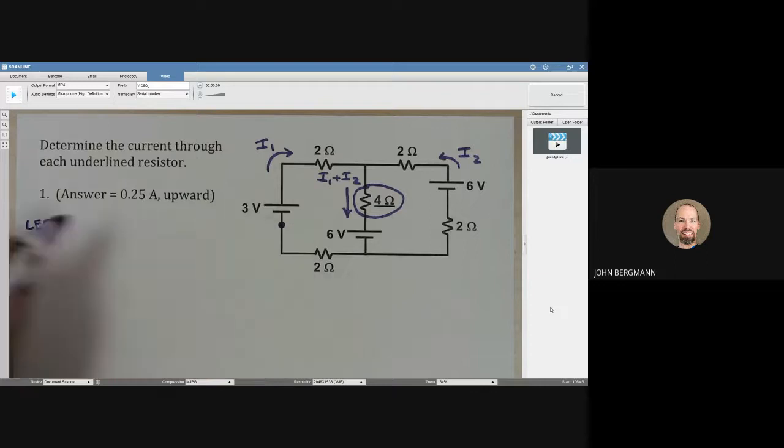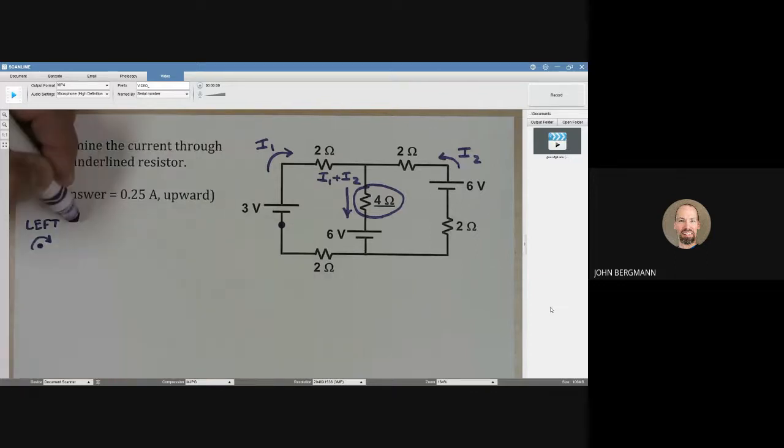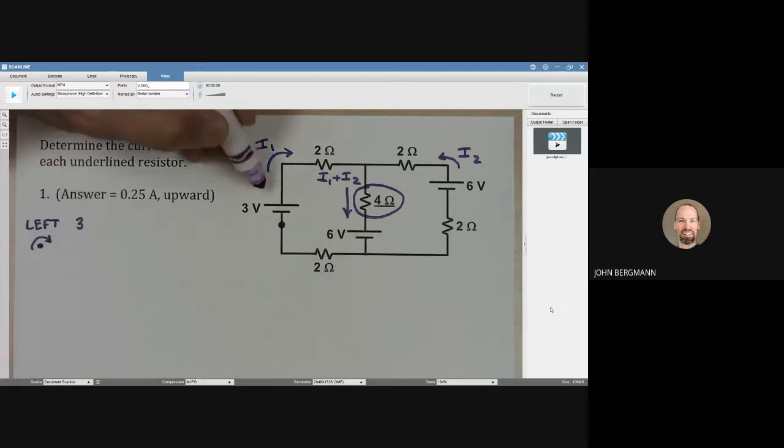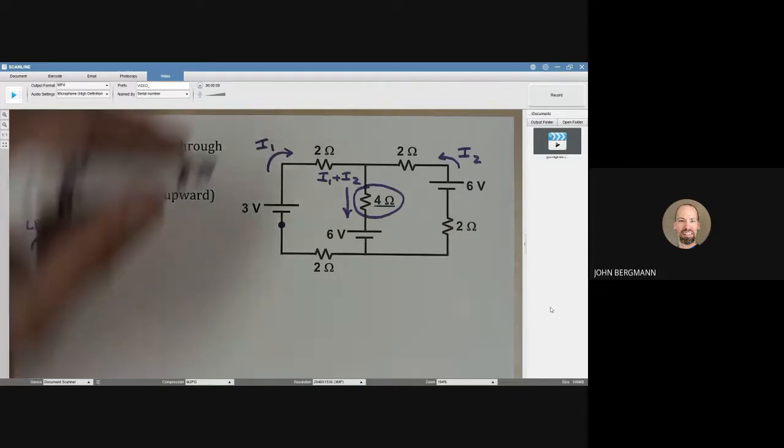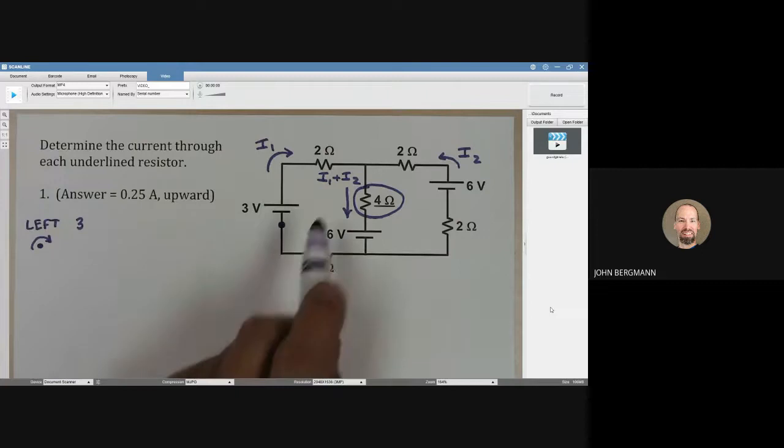All right, so let's do that. The first thing we run into is the 3-volt battery, so that's going to be 3. Then the next thing we run into is this 2 ohm resistor, so we're going to go 2 times I1, and that's negative because we're going around the loop in the same direction that our assumed current is going. But before I do that, look what has to happen here.